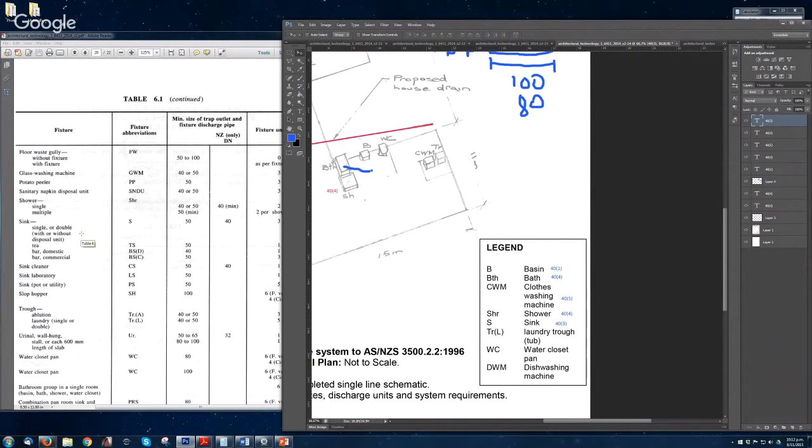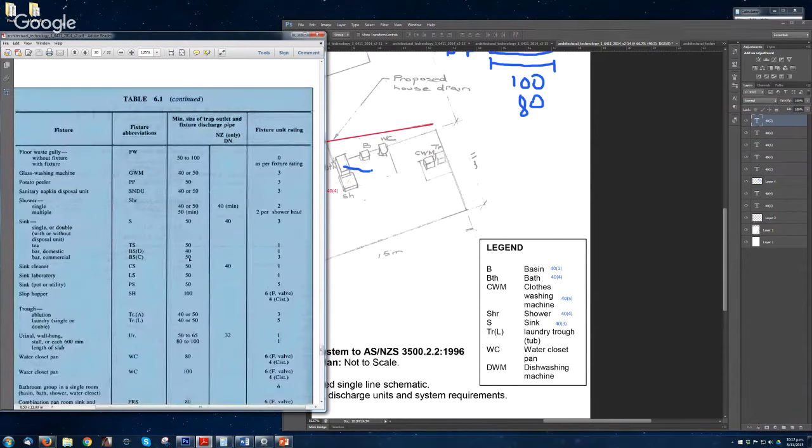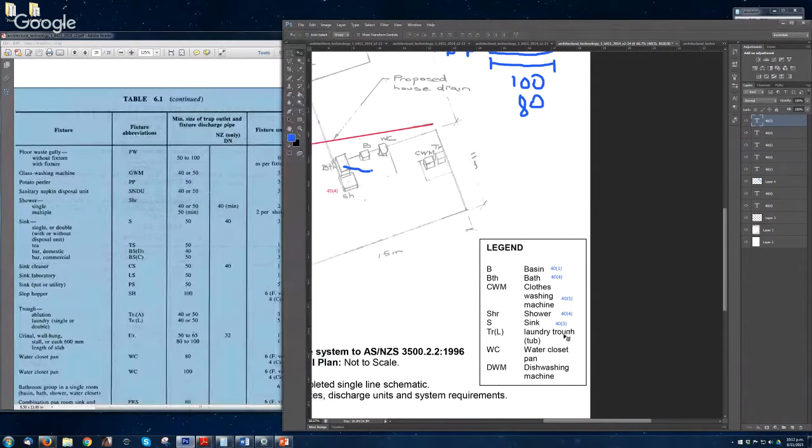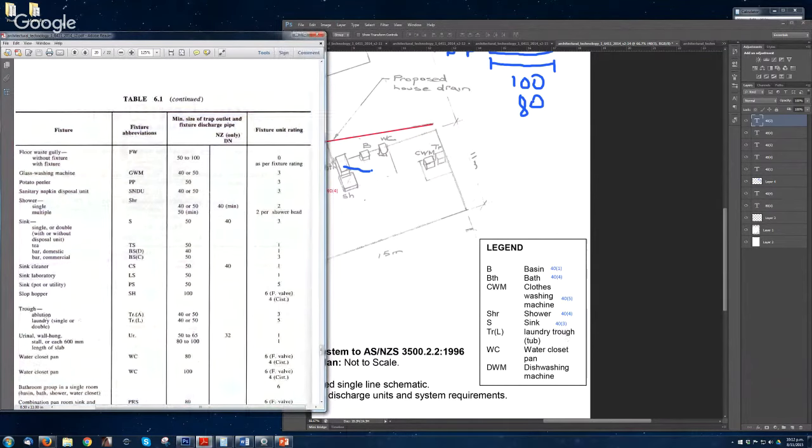And that's double sink as well. Single or double. Tub laundry. 40. Let's go 5.